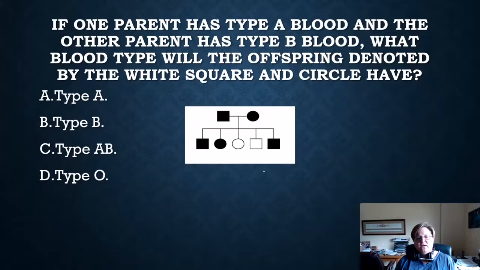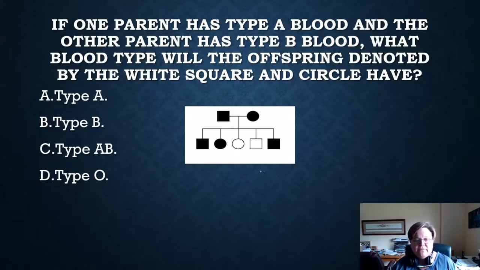Then with blood type. Now blood type, quite frequently you've seen the chart that basically says if parent A has A blood and parent B has B blood, then the child could have any type, right? But what you have to also remember is there's a genetic component that comes into play here.